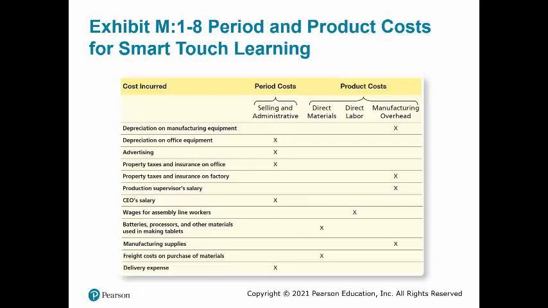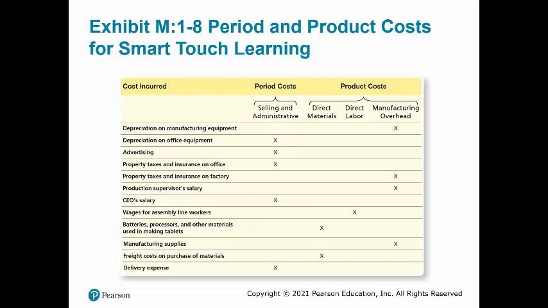So we can look at the typical period and product costs for Smart Touch Learning. At the top of this diagram we see period cost and product cost, but within product cost we see that we can separate the cost out into those direct materials, direct labor, and manufacturing overhead.